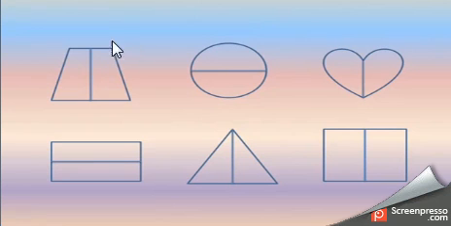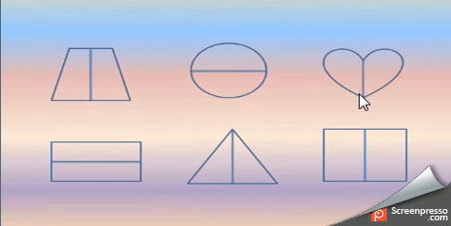Okay, now when I want to draw a line segment dividing a shape into congruent parts, in this trapezium I should draw vertical. In the circle I can draw vertical, horizontal, or any line segment passing through the center, and it will divide it into two congruent figures.